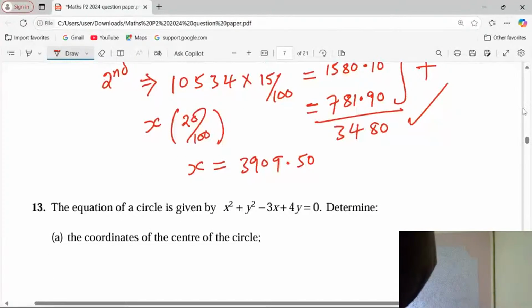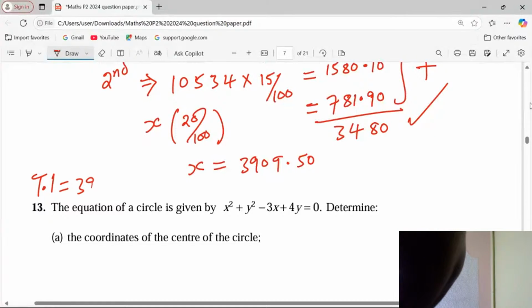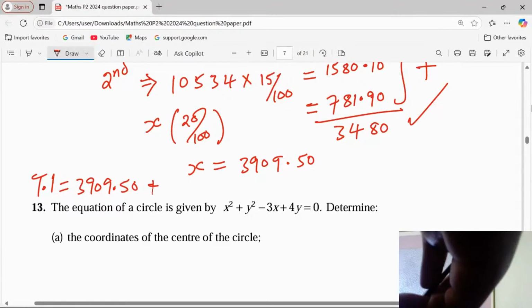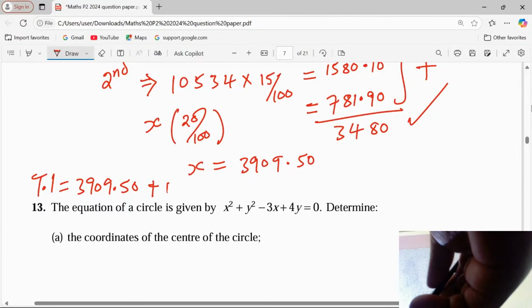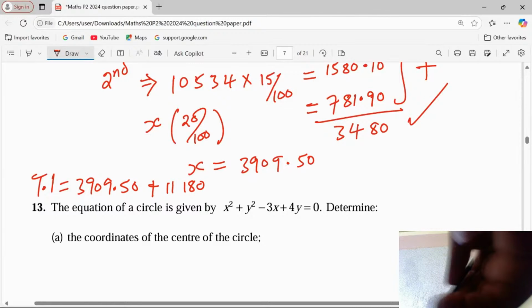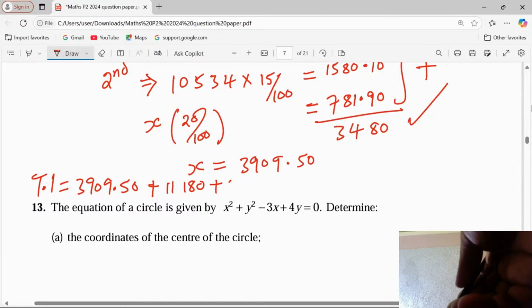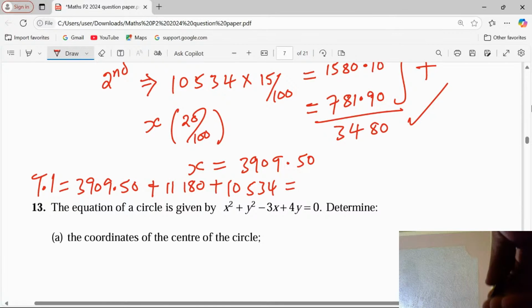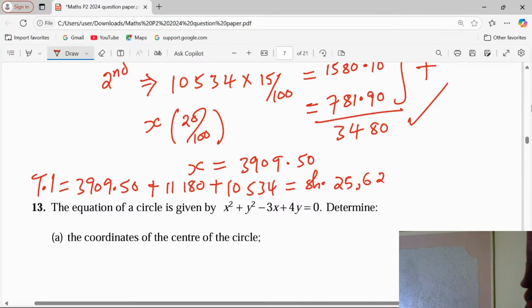So it means the taxable income is the summation of 3909.50 plus 11,180 from the first bracket. From the second bracket, we have 10,534. So this will total to 25,623.50. So that is going to be the total.